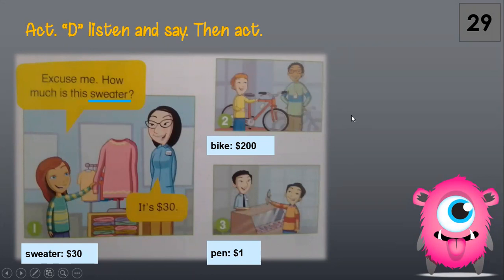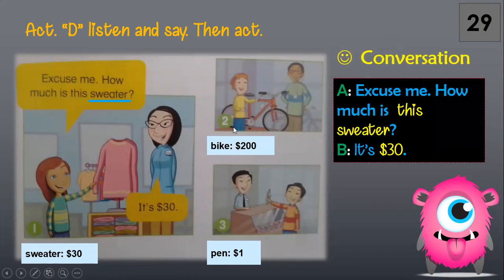If you pay attention to number 2, this boy is touching this bike. Now, this boy is going to ask the salesperson, excuse me, how much is this bike?